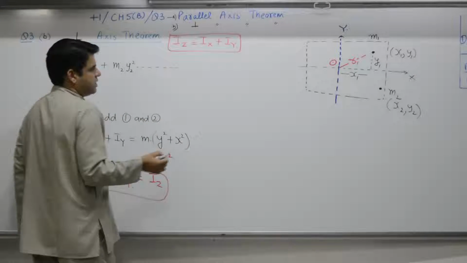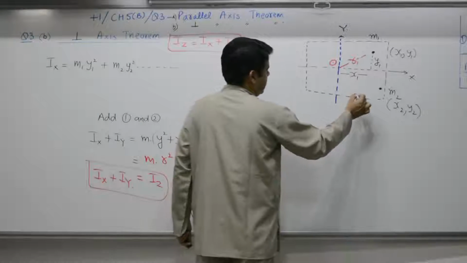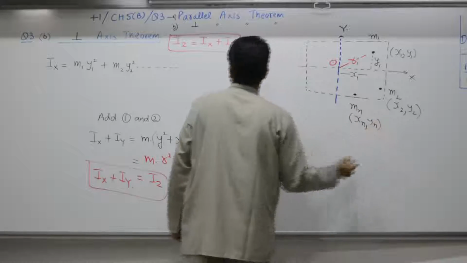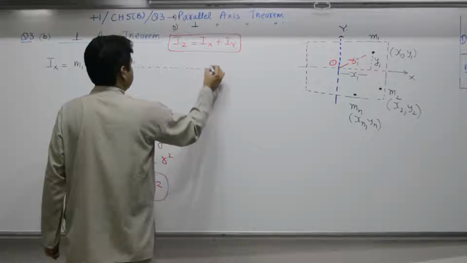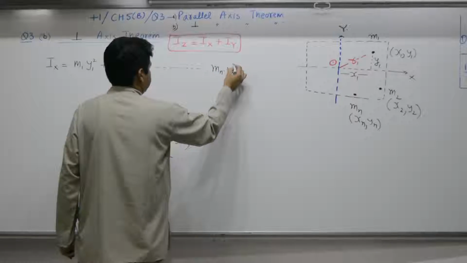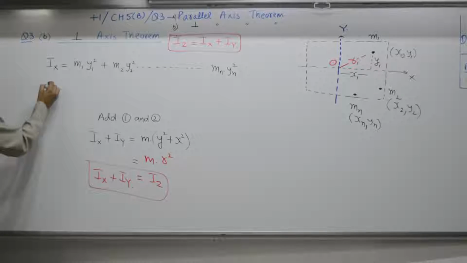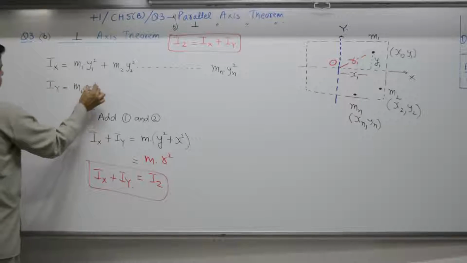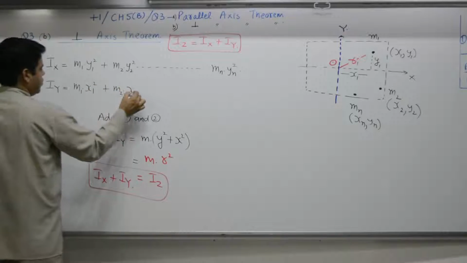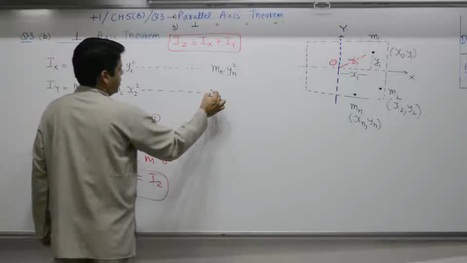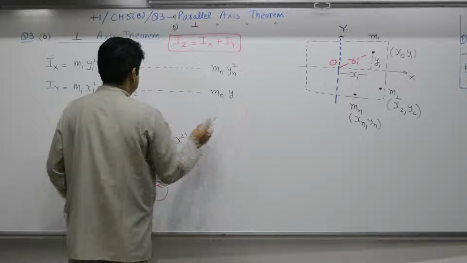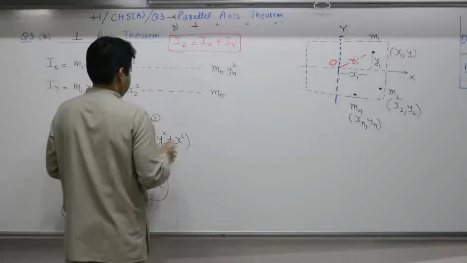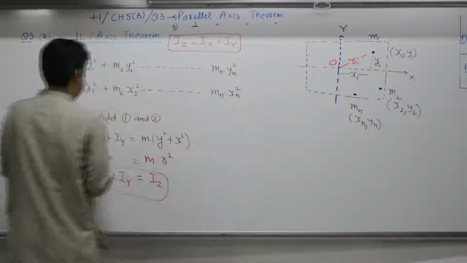And how many such particles are there? N. There is a particle of mass mn, coordinates xn, yn. So its value will come out to mn yn square. Similarly, Iy is equal to what? m1 x1 square, m2 x2 square, up to mn xn square.